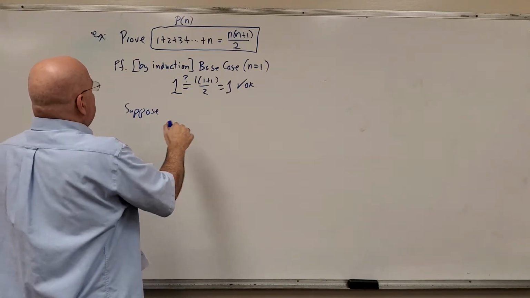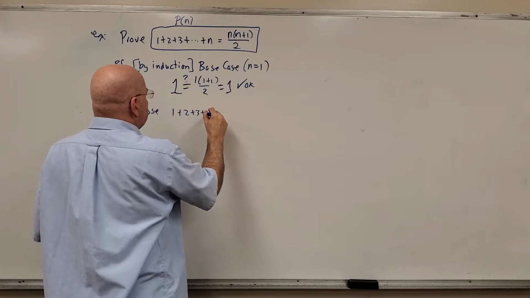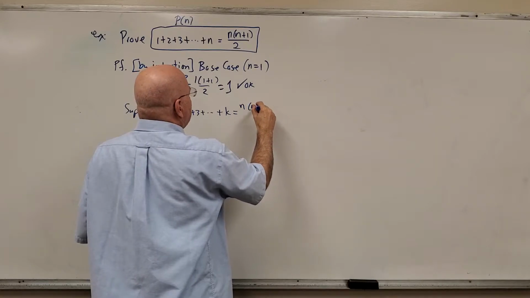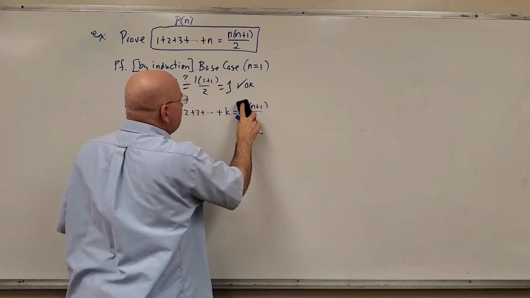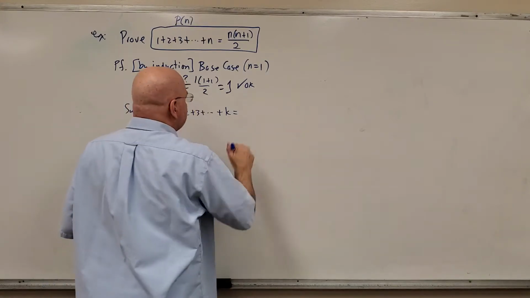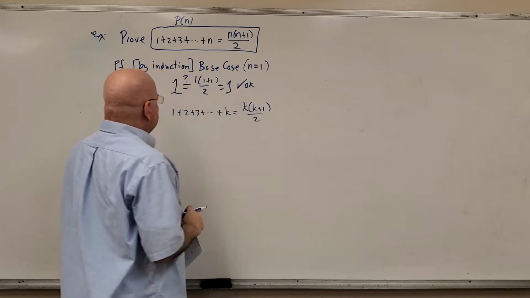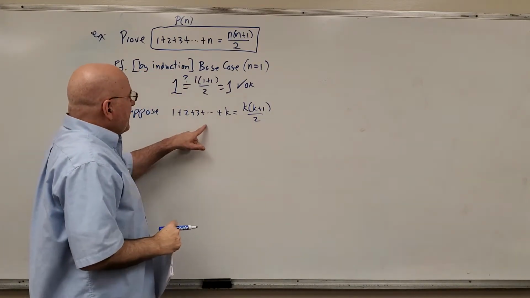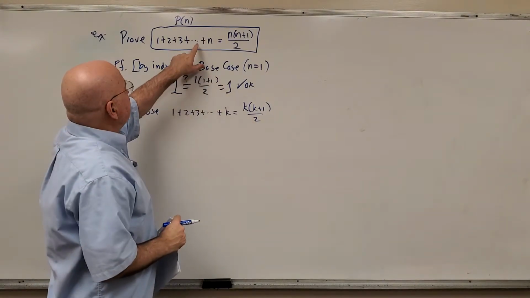So P_k is 1 plus 2 plus 3 up to k is equal to k times k plus 1 over 2. I changed variables, so I have to use k here. Frequently some students, and sometimes I, will not even change the variable. We'll just use the variable n, just like it is up here.